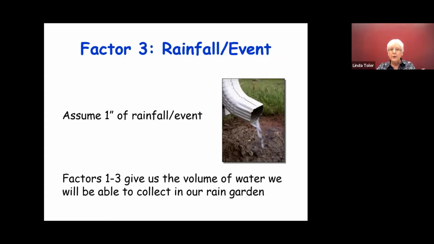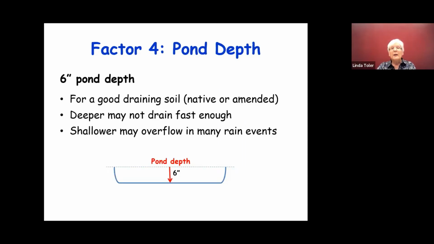So those first 3 factors are going to give us the volume of water that our rain garden will be collecting. So now we have to turn our attention to the rain garden, and our unknown is the surface area of the rain garden. How much area does that rain garden need to collect?